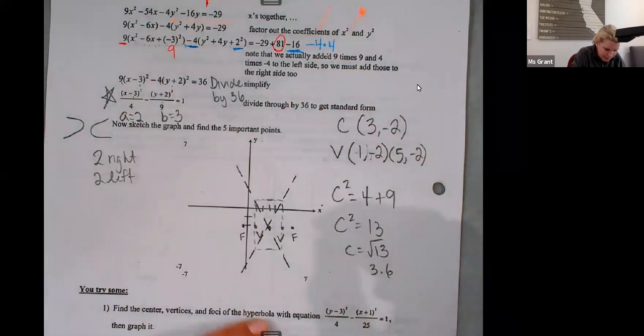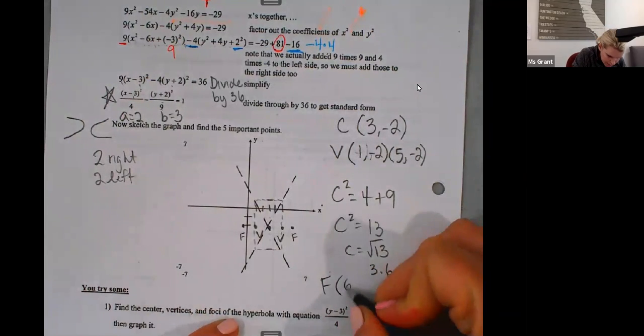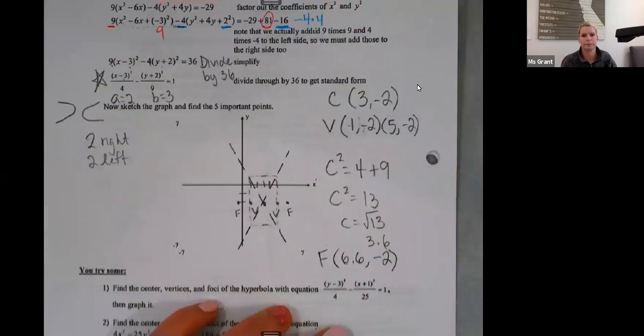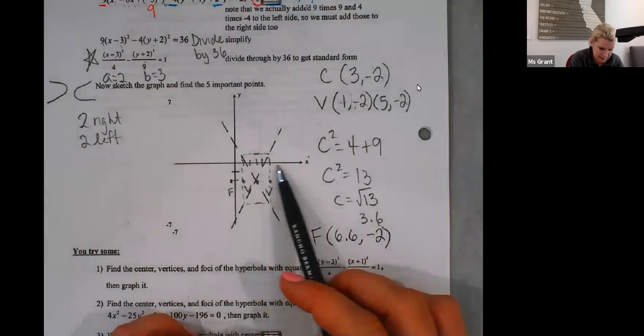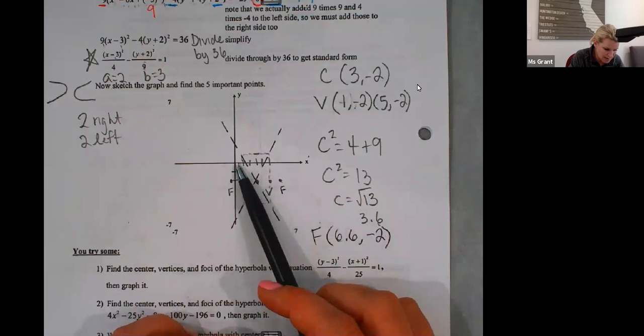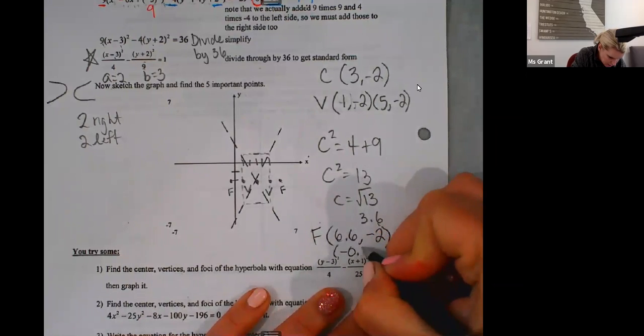My foci are going to be 6.6 comma -2, because I went from my origin 6.6 over, 2 down. And from my origin, I'm going to go -0.6 comma -2.